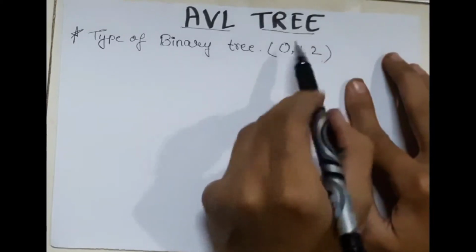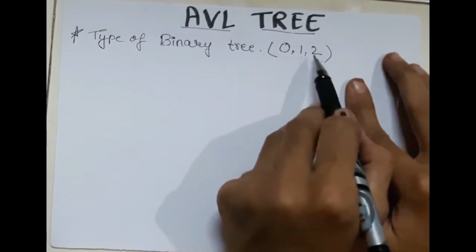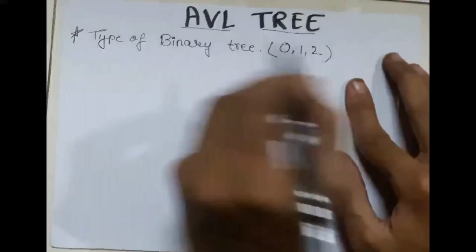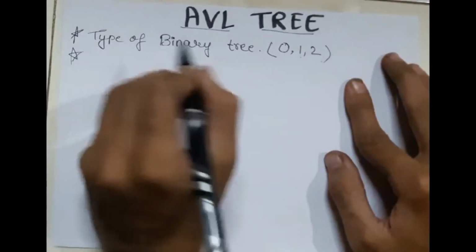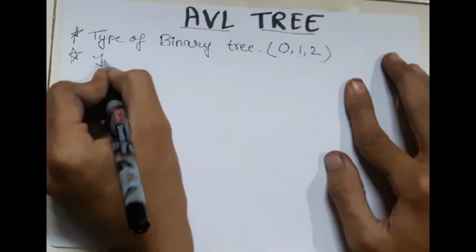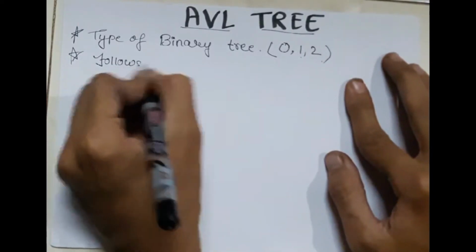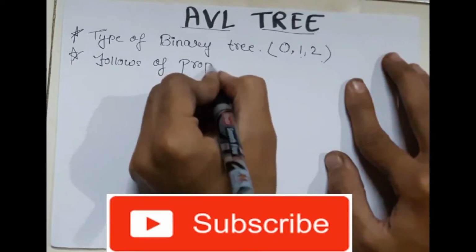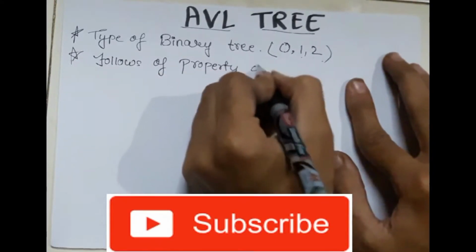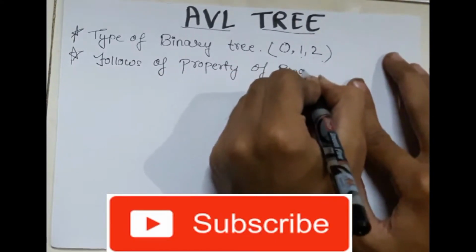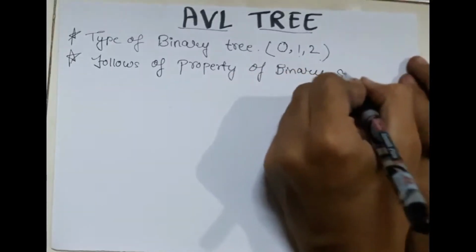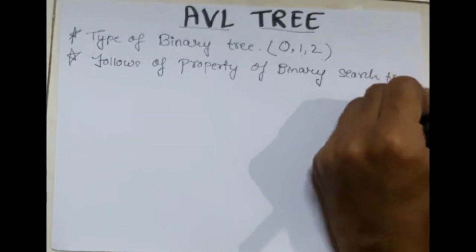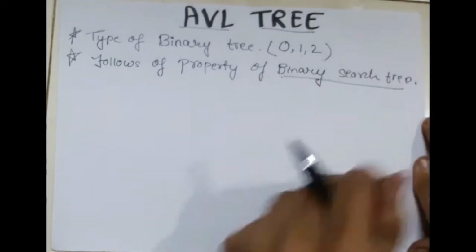Okay, any one like 0 children, 1 or 2, but not other than this, because it's a binary tree. Then second, it follows the property of binary search tree. Now what is a binary search tree?